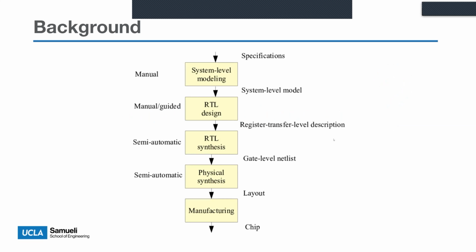Before we dive into the problem, I would like to introduce some background information about what the hardware design process is. The figure shown on the slides is the typical hardware design process.